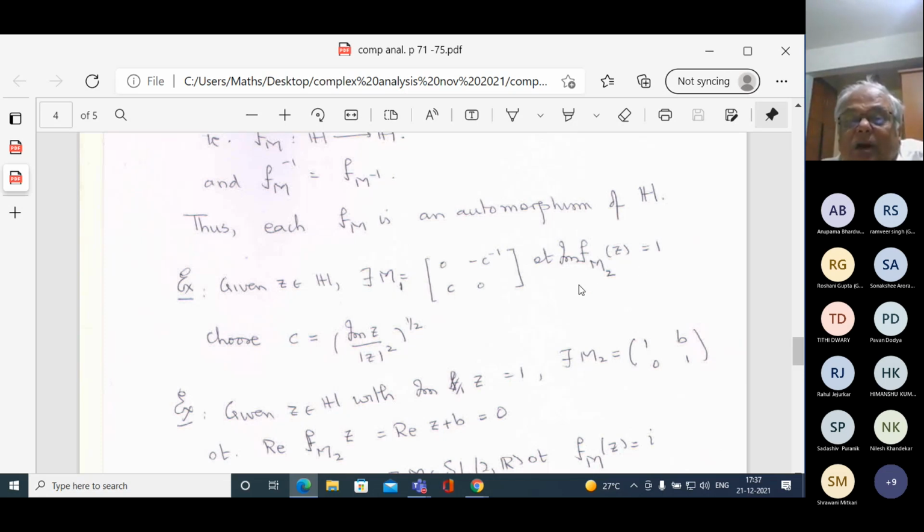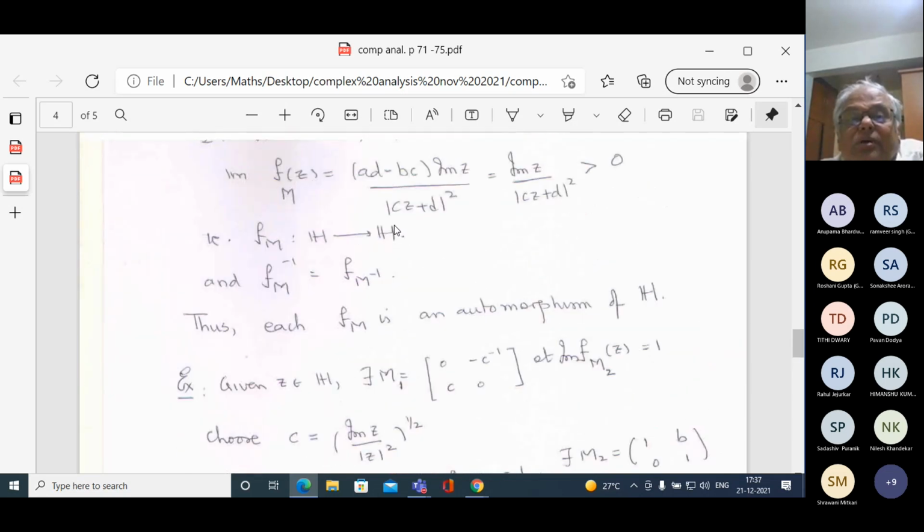Why have I written M2? This is the imaginary part of F of M1. So fix your z. I can find an M1 of this kind, so that the imaginary part of F_M1 of z, that should not be a 2, that should be a 1, is equal to 1. Okay, what do you choose c to be? You choose c to be this number and it works.